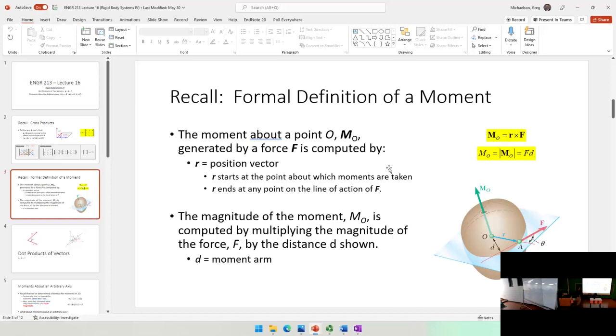To be clear, if the force happens to go through the point in question, then your position vector would be 0 and the cross product would be 0. In other words, if a force is going through a point, it does not rotate that point. It just wants to translate it.